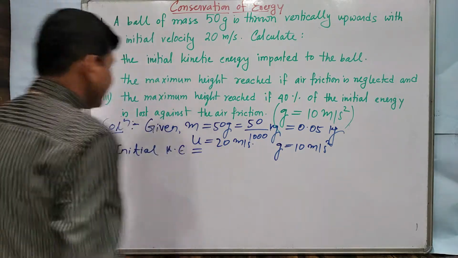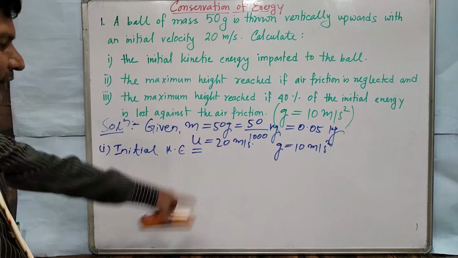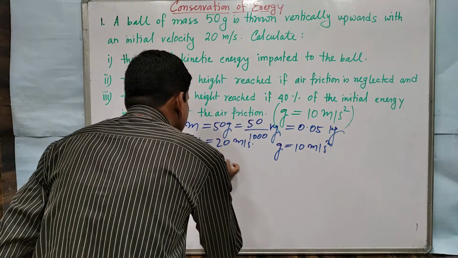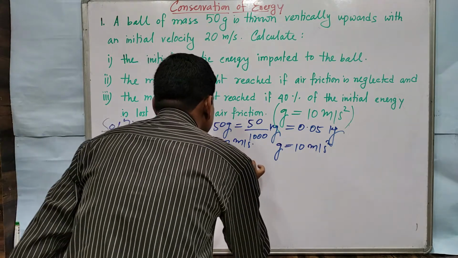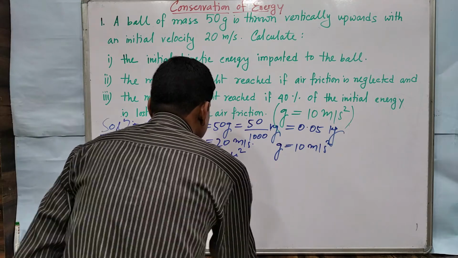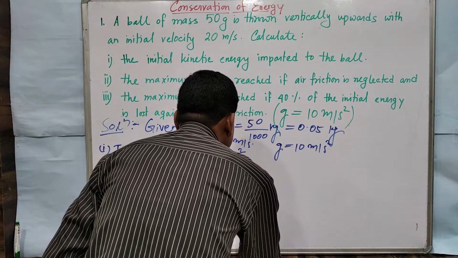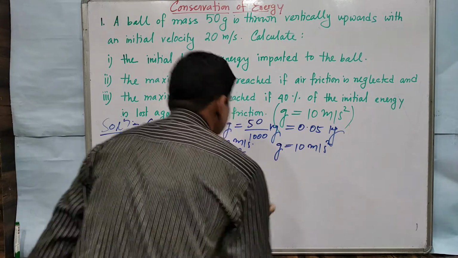Now what is the formula of the kinetic energy? Half mv square. So here the formula will be half mu square. Write down this, half mu square, that is equal to 1 by 2 into m. M is given over there, 50 divided by 1000, into u square.